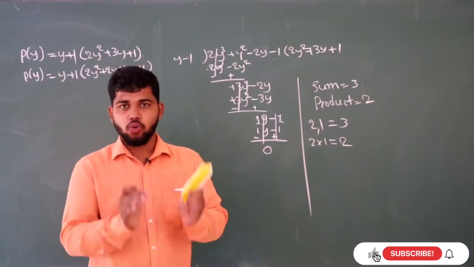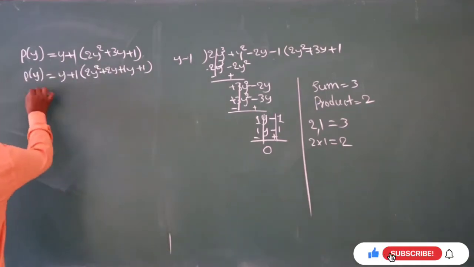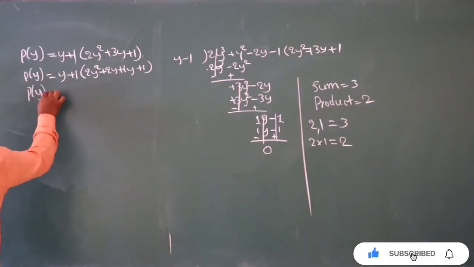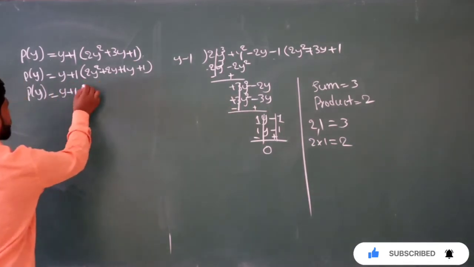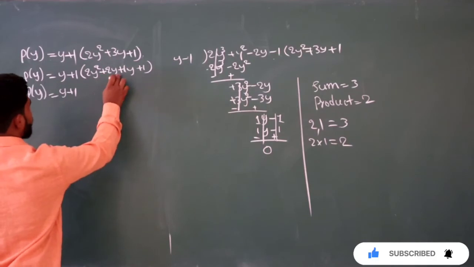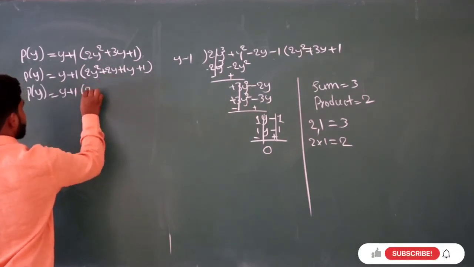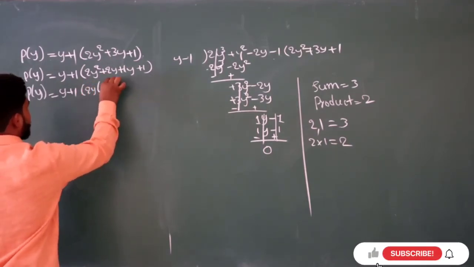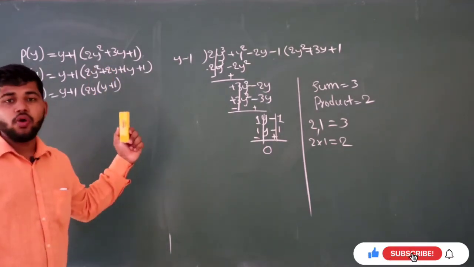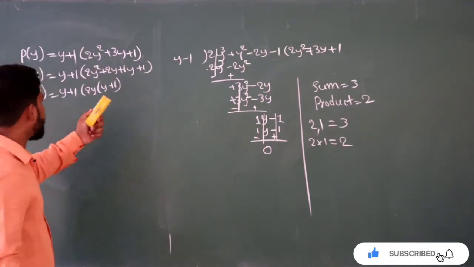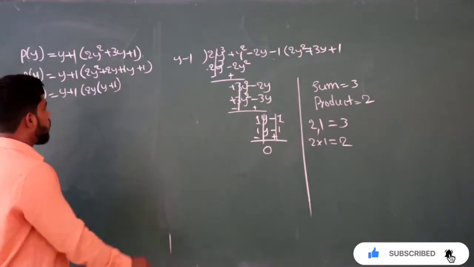Now P of y is equal to y plus 1, and here 2y square and 2y. In the 2y square plus 2y, 2y is common.